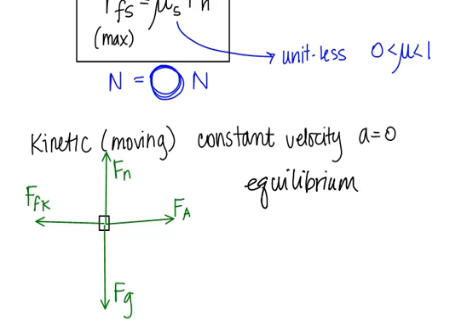So that means that when I sum the forces in the x direction, the forward force, the applied force that you pulled on the block with, minus the kinetic friction force, which is to the left, will have to equal 0. So these two vectors are the same size.